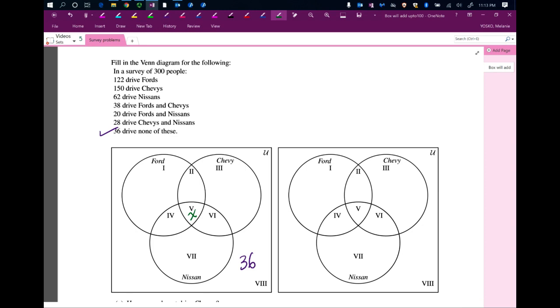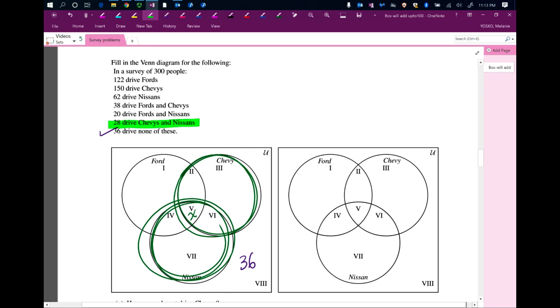And then we're going to go back here. 28 drive Chevys and Nissans. So here's the Chevy circle. Here's the Nissan circle. We see that 28 drive Chevys and Nissans. So Chevy and Nissan intersect in those two regions. You see that? So I'm going to erase this so you can see what we're doing.